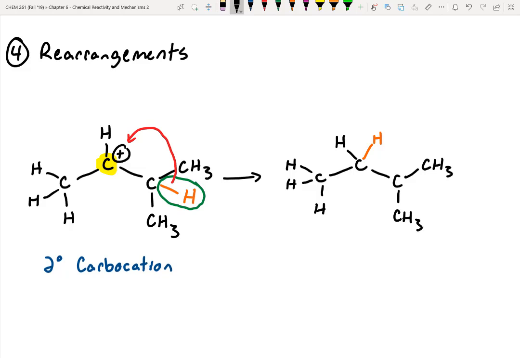So the hydrogen moved over with its electrons, right? So in this case, where would the positive charge be on our final product? It would be on the carbon on the far right. All right, if we look at the carbon on the far right, what sort of carbon is this one? Tertiary.